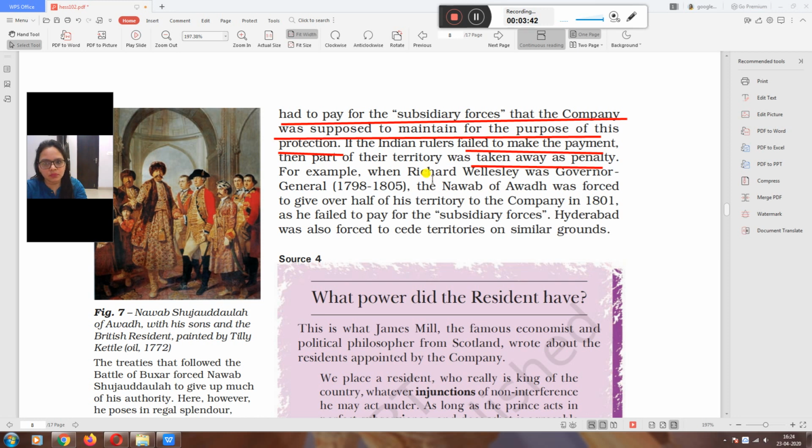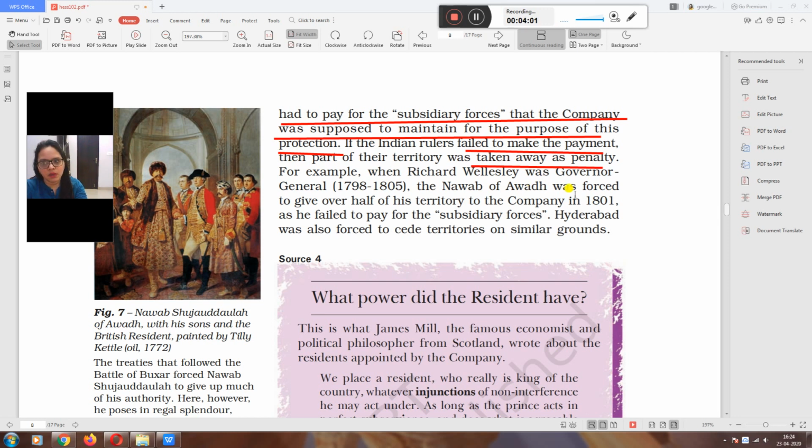For example, when Richard Wellesley was the Governor General from 1798 to 1805, the Nawab of Awadh was the first state which was annexed by the British government under subsidiary alliance.